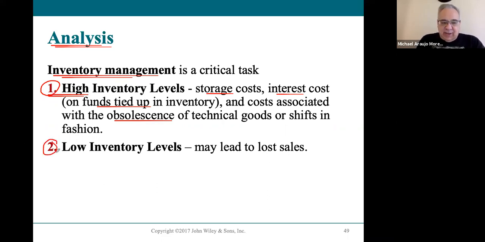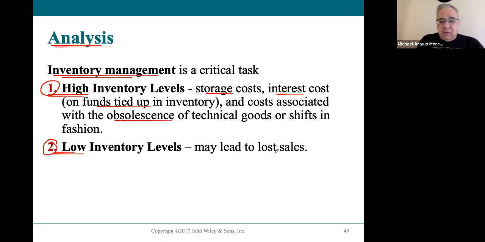On the other end of the scale, having very low inventory could be very frustrating, mostly for the customer as well. The customer walks in thinking you have a certain thing for sale because that's what you're known for, and you don't have it. I mean, how infuriating it is to be a customer to walk in knowing that you've usually purchased these things here and they don't have it anymore.